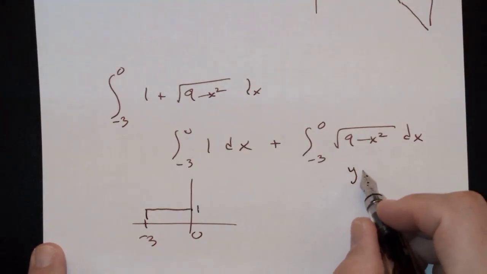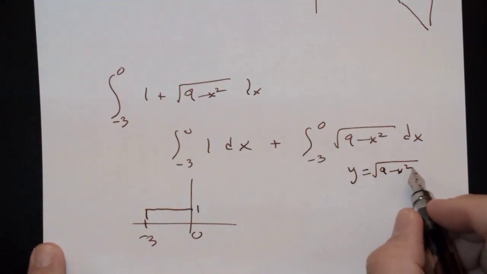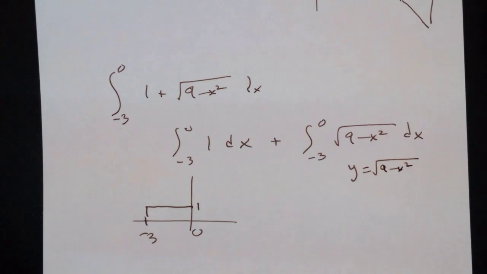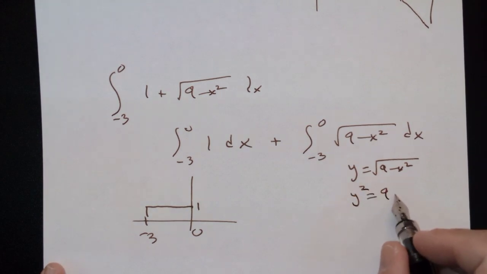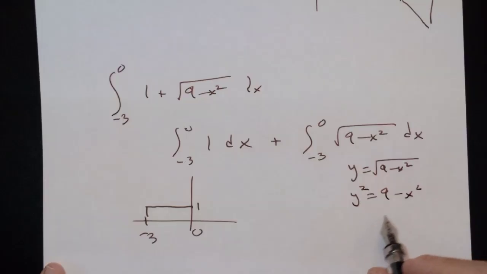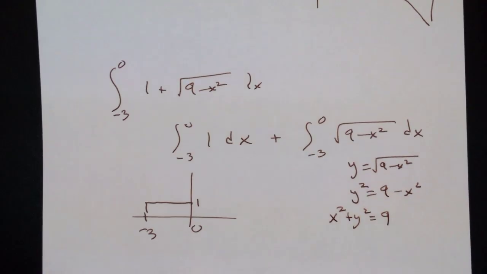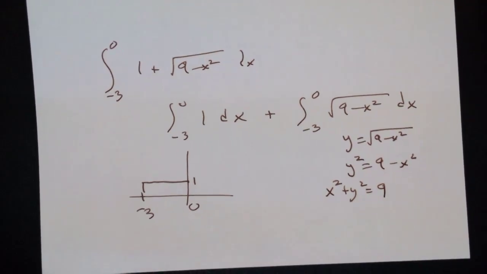What's the graph y equals the square root of 9 minus x squared look like? Hang on a second. If I square that, I get y squared equals 9 minus x squared. If I move that over, I get x squared plus y squared equals 9. What shape is that? That's a circle. It's not just any circle either.